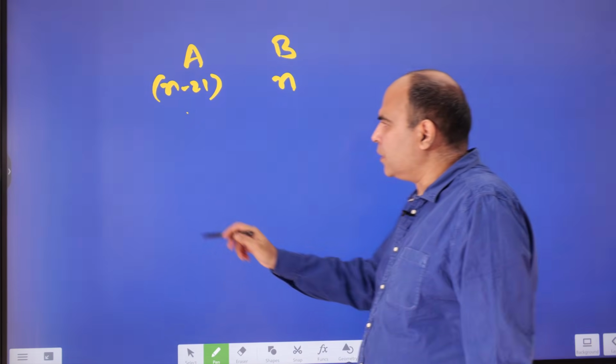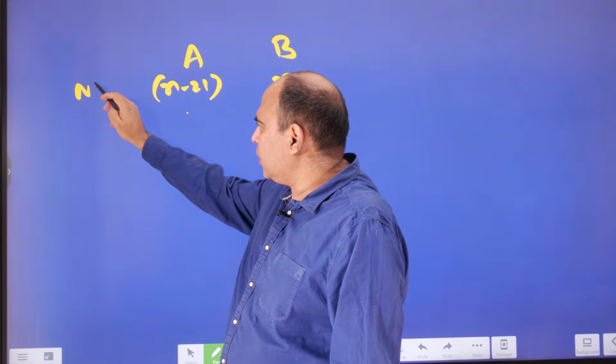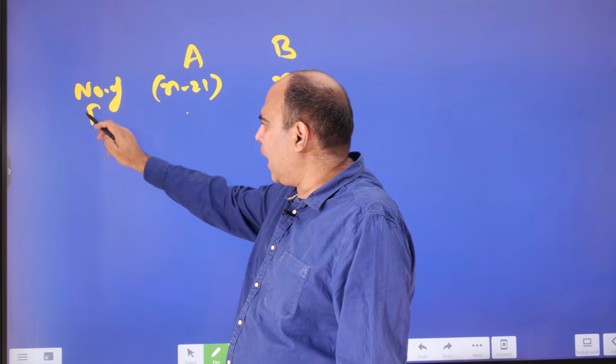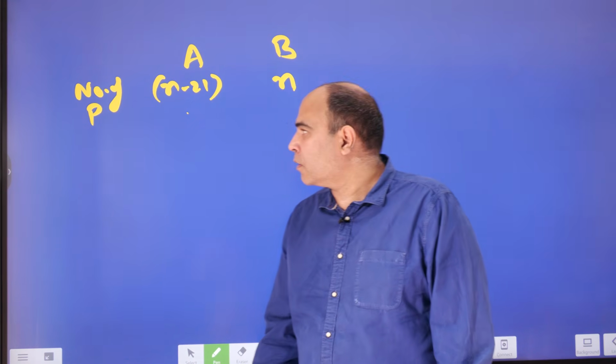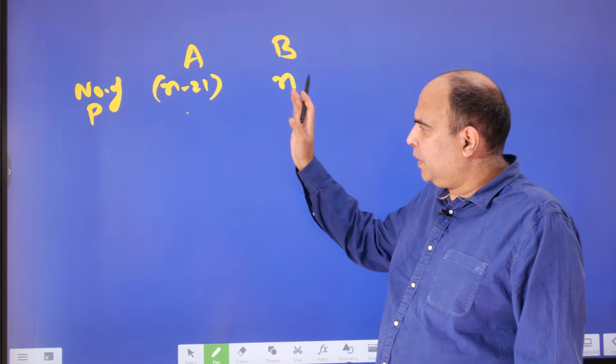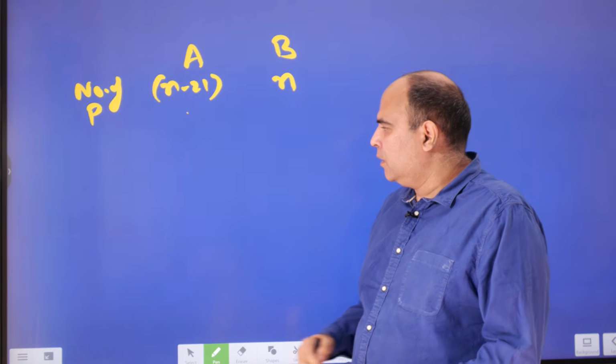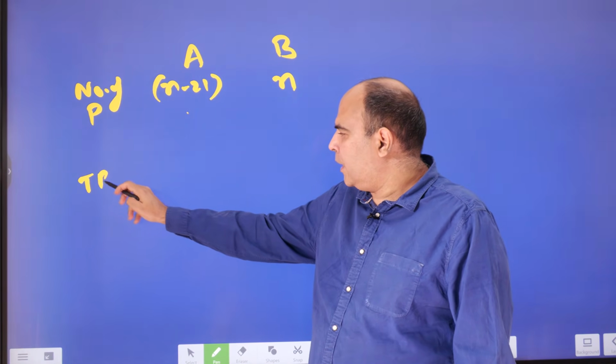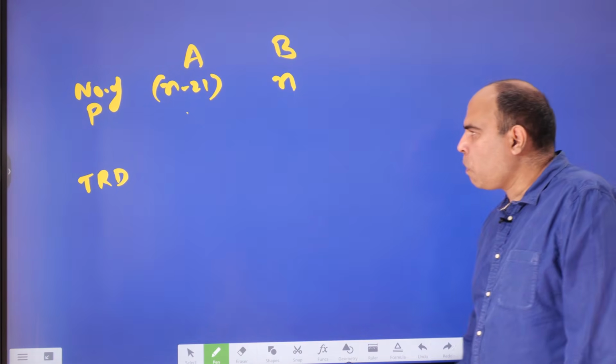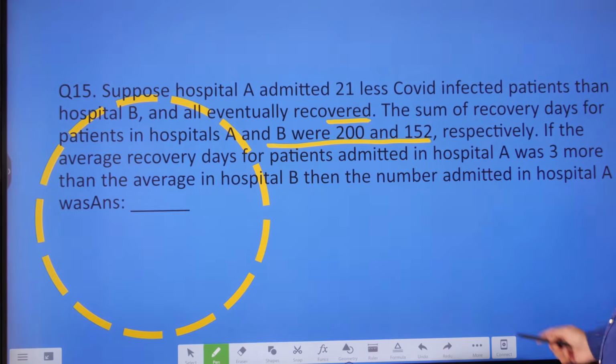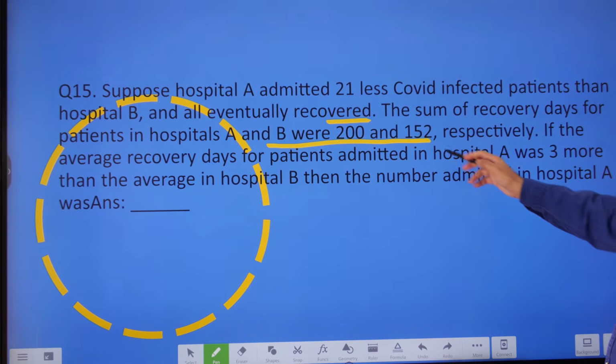So this is the number of patients. In any maths question, it's important to keep track of the variables which are involved. So number of patients are n for B and n minus 21 for A. Total recovery days in hospital A and B were 200 and 152.